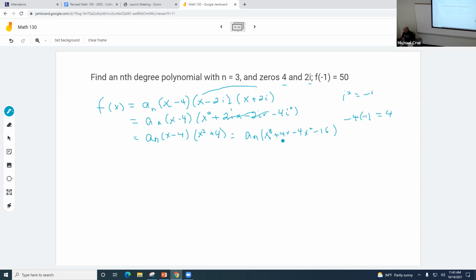All right, so now let me just order it for you. The a_n is still there because we haven't used that. So it's x cubed minus 4x squared plus 4x.